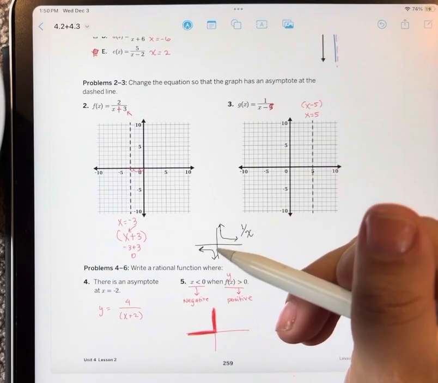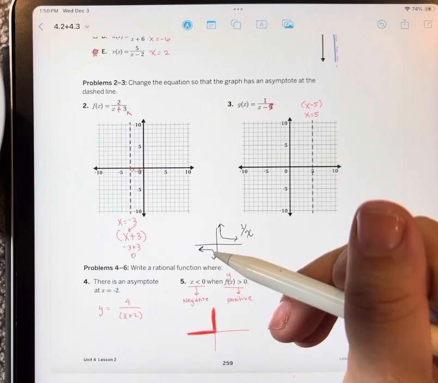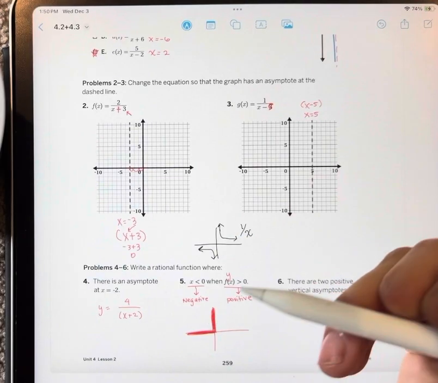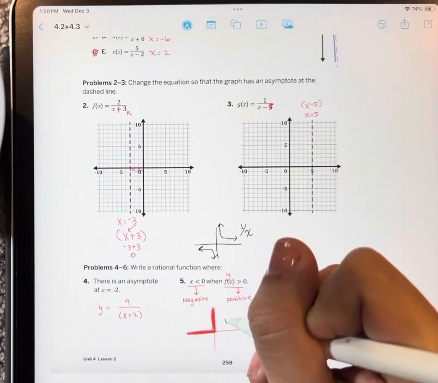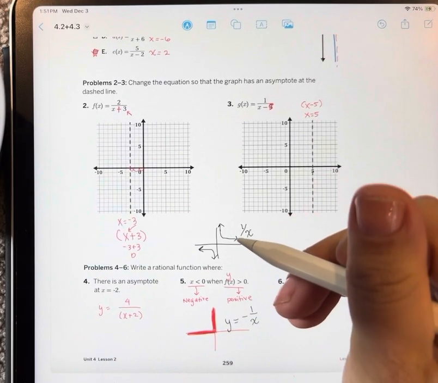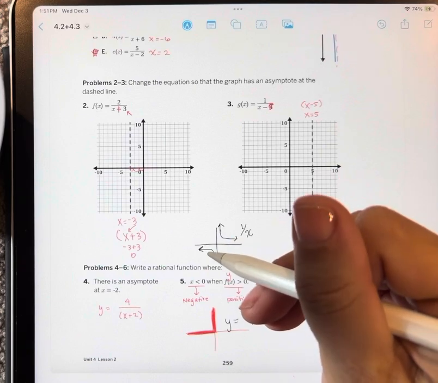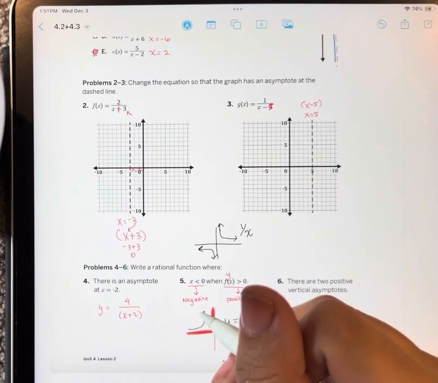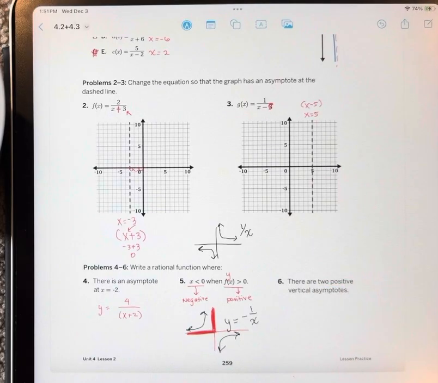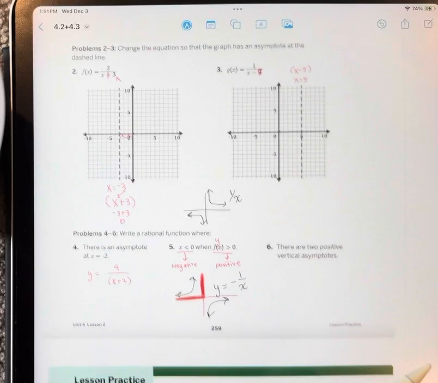How can we make it, instead of being here and here, appear in this quadrant like this problem wants? Well, one idea I have is to make it negative, right? Wouldn't a negative just flip this one down and that one up and give us that shape? So don't forget your transformations, guys. A negative does flip our graph still.